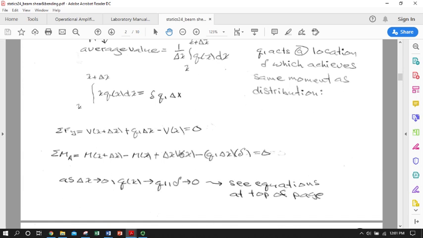So that's R, which is in this case delta X, times V sub X, and that's going to produce a positive moment. Then we have the moment due to our distributed load, which is the average value of our distributed load over x plus delta x times delta x, the width over which it's applied, times that magical position which effectively gave us the average value.